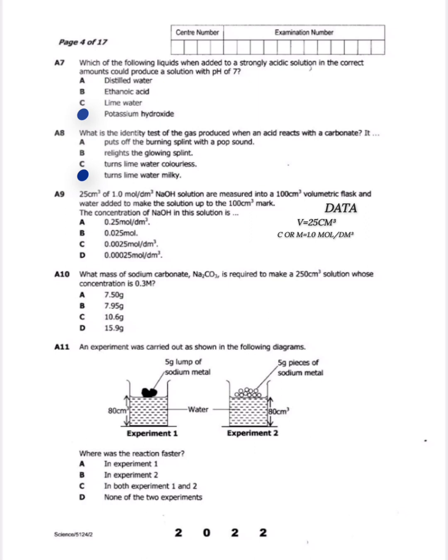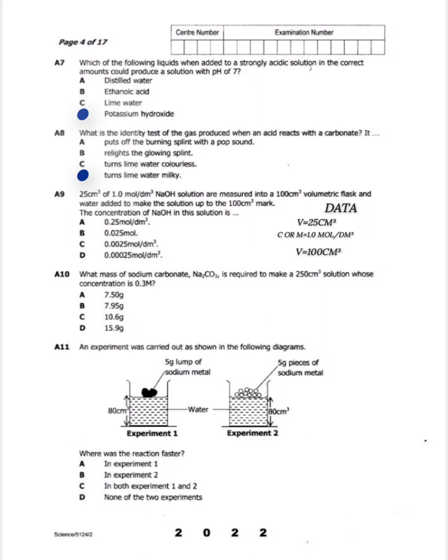Okay, so apart from this one, we also have the volume of 100 centimeters cube. Now for us to calculate this one here, we are going to use the law of dilution. So the law of dilution states that even if you dilute the solution, the number of moles remains constant.